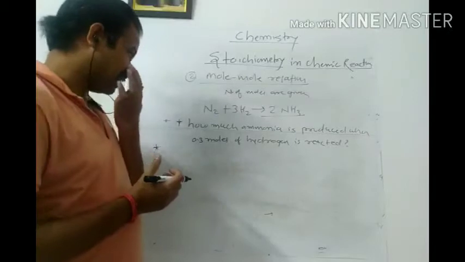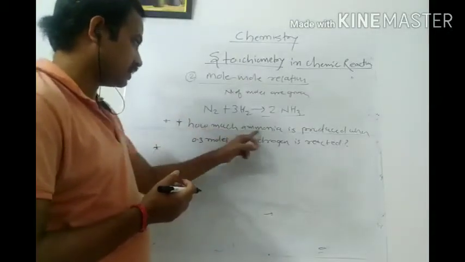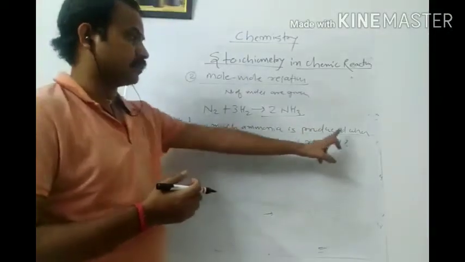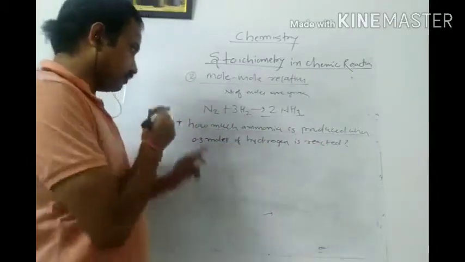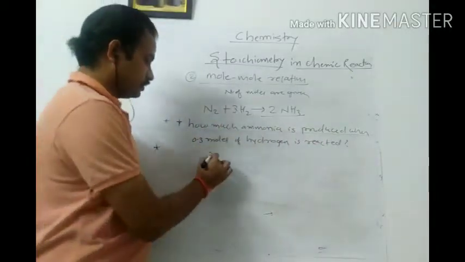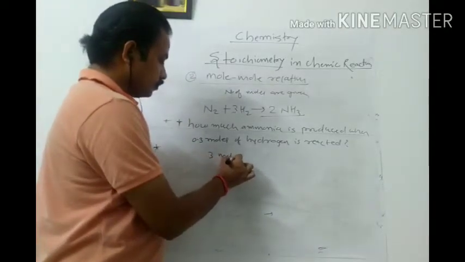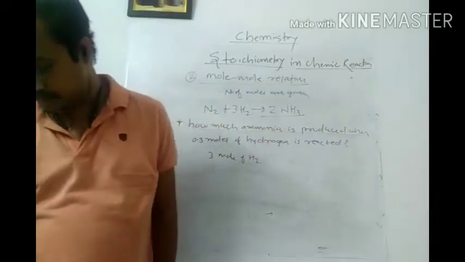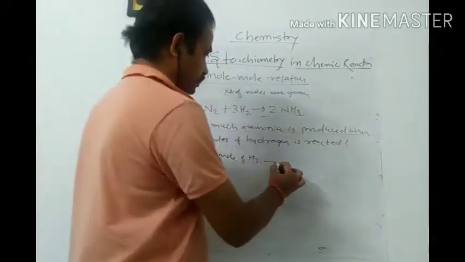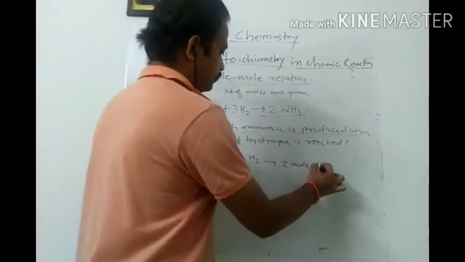So in this case, the question is: how much ammonia is produced when 0.3 moles of hydrogen is reacted? Here, 3 moles of hydrogen give me 2 moles of ammonia.